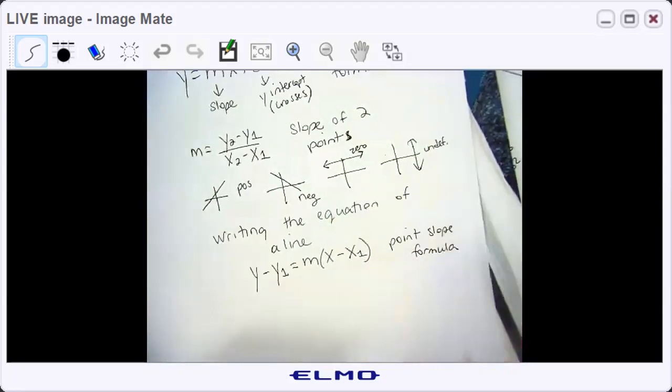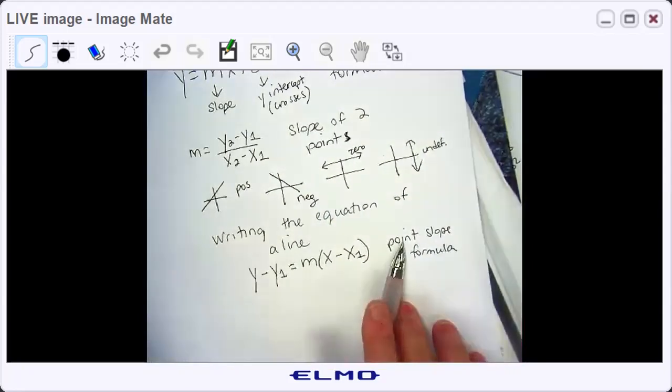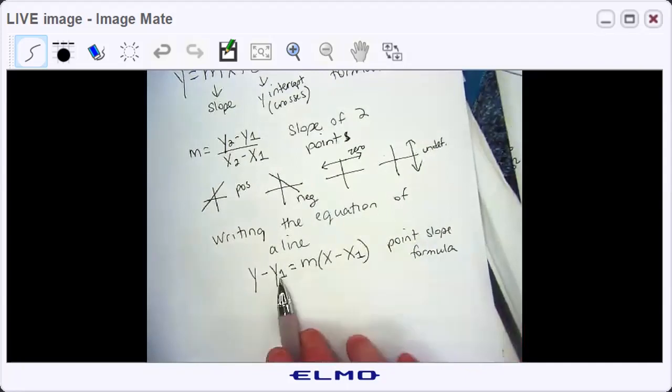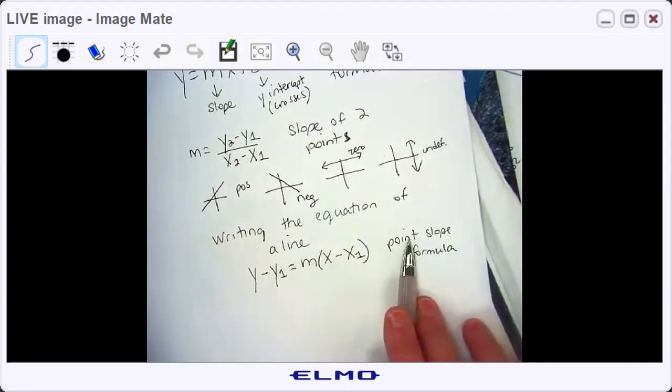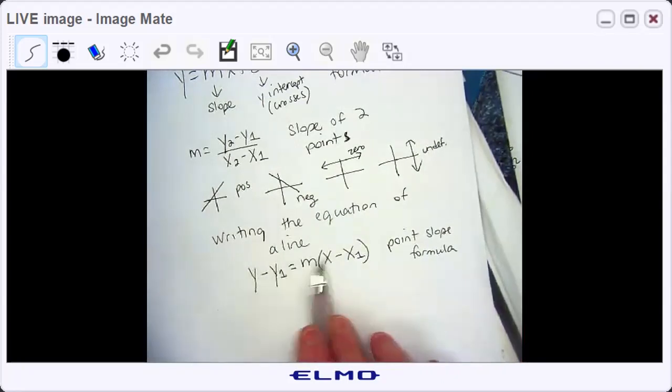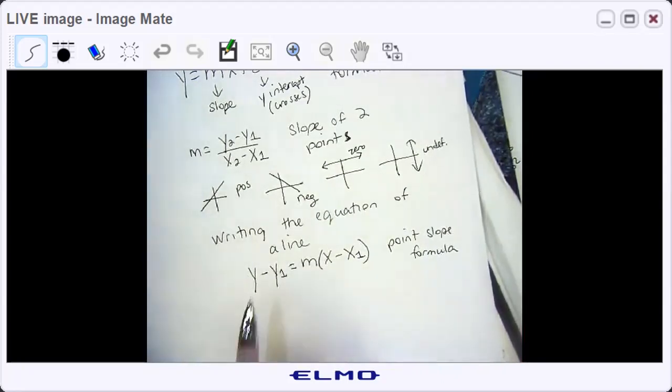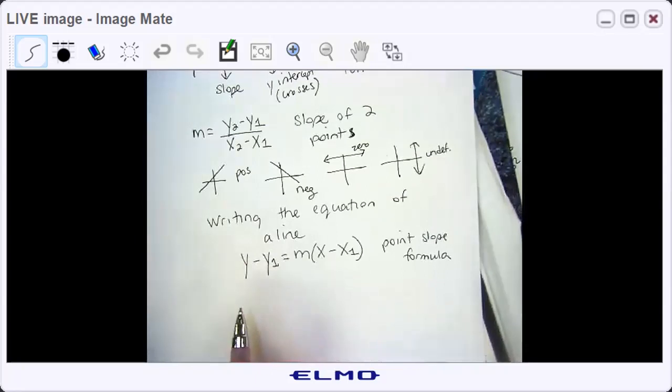So when you're using it, you only need a single point and a slope, of course. And that's why there's only a subscript of 1, because we're only using one point. These are going to remain letters. When you use this formula, and we will be using it in just a minute, we will be keeping this y and x here as letters.